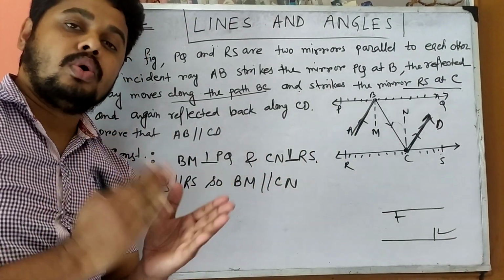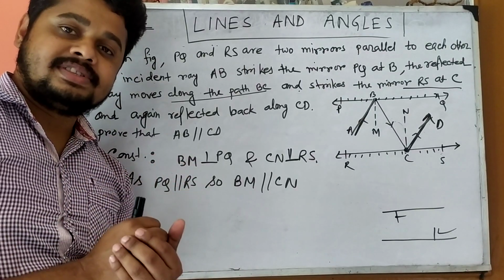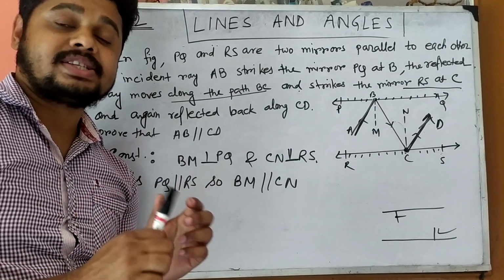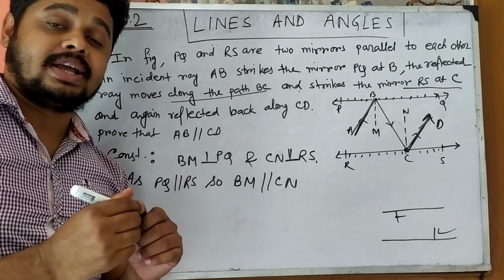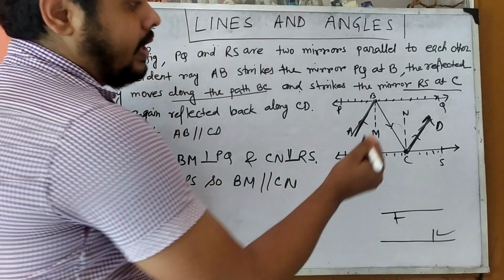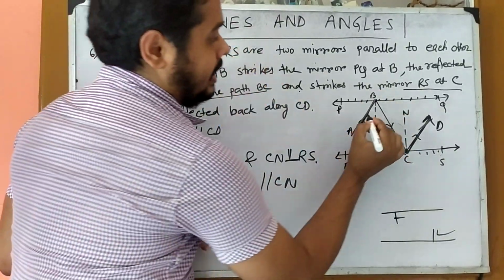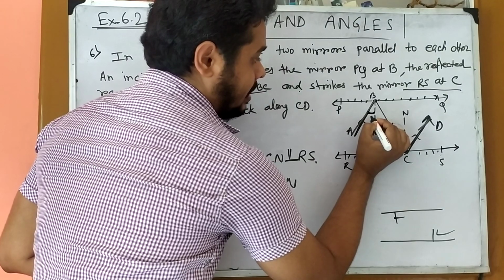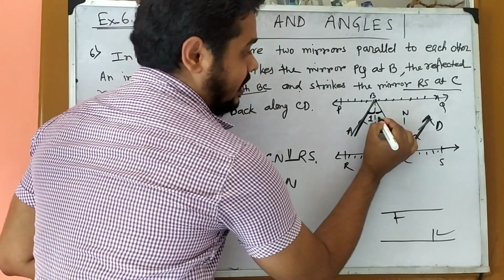Now we know the law of physics. The angle of incidence and angle of reflection are equal. So hence BM is perpendicular, so it is our normal. This is the angle of incidence. Suppose say this is angle 1 and this one is angle of reflection.